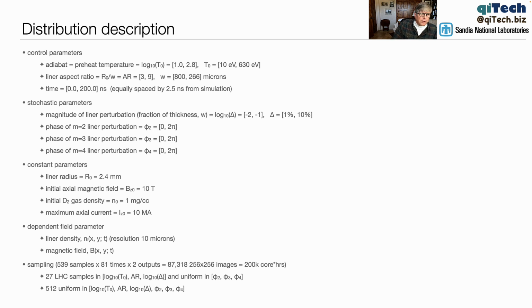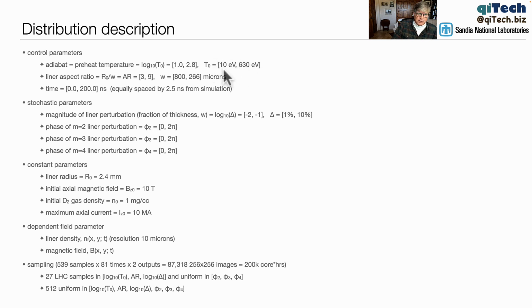We ended up forming a training ensemble by doing an ensemble of these simulations that you just saw. The control parameters are the adiabat, which is determined by the preheat or the initial temperature, that was sampled logarithmically between a value of 10 volts up to 630 volts.